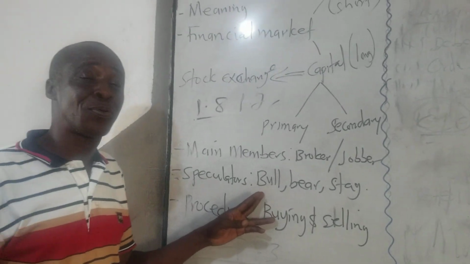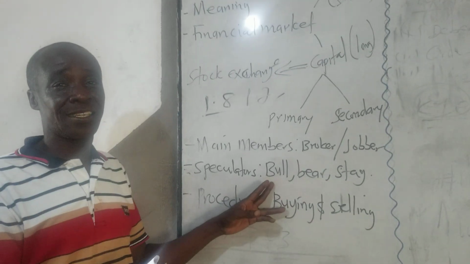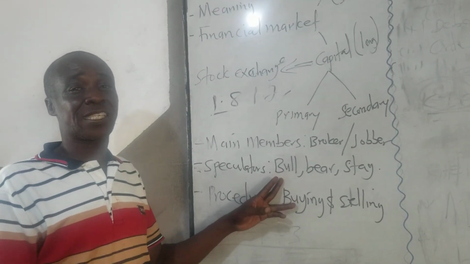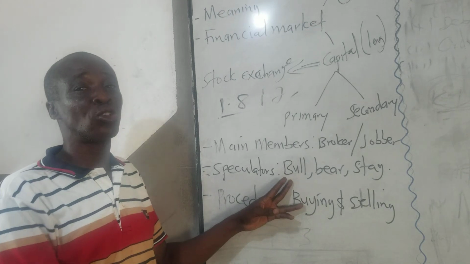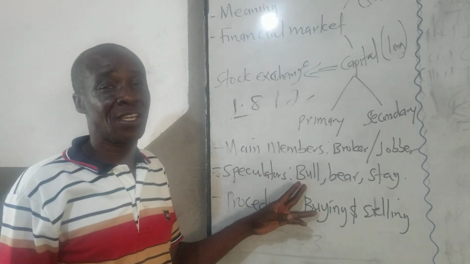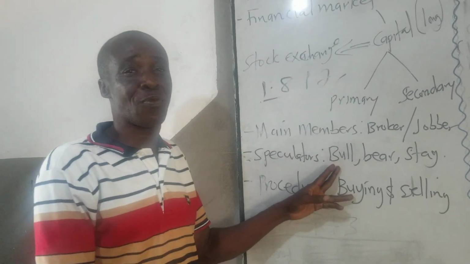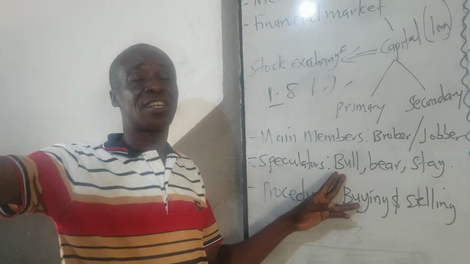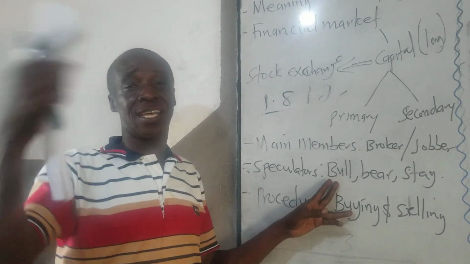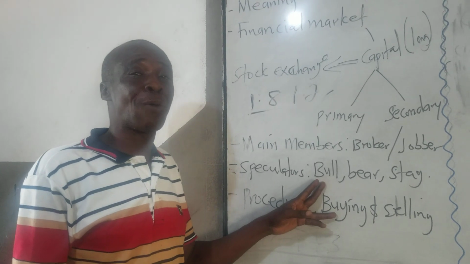Remember, we said a bull market is the market where prices are rising. And the bull is a person who anticipates that there's going to be an increase in the price of shares. So he buys the share at the current price, so that when the price increases, he will sell to make profit. So it is about increase.